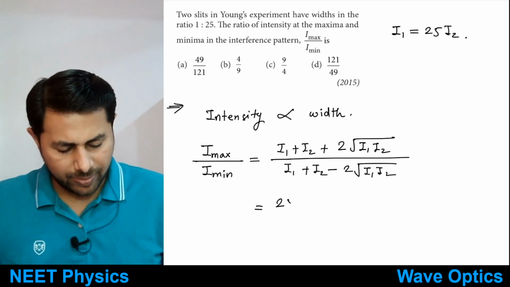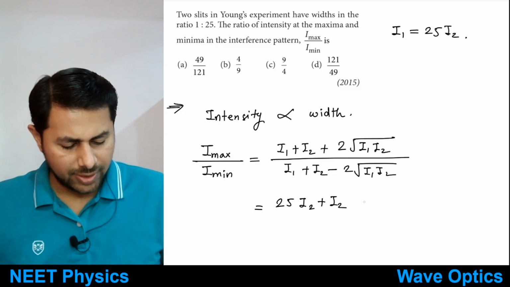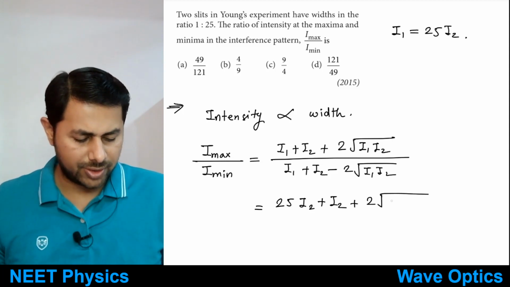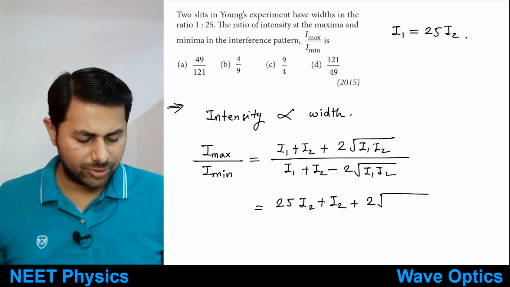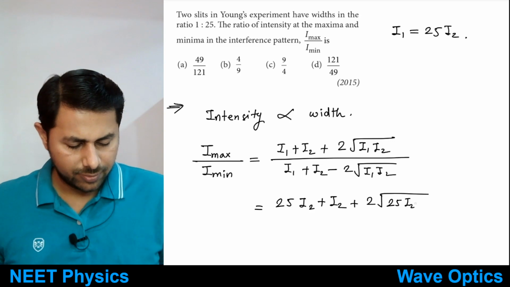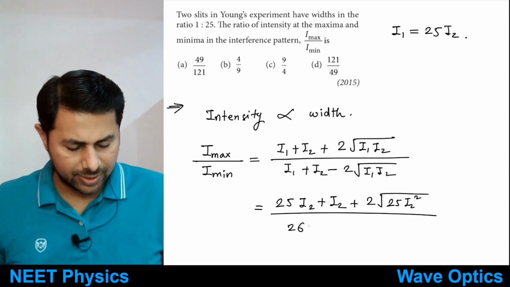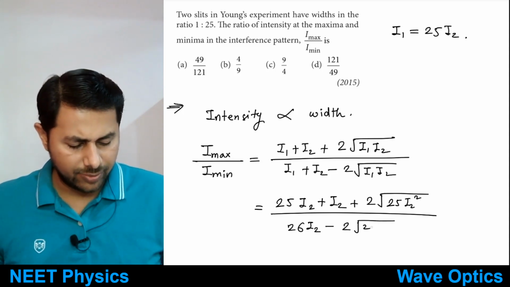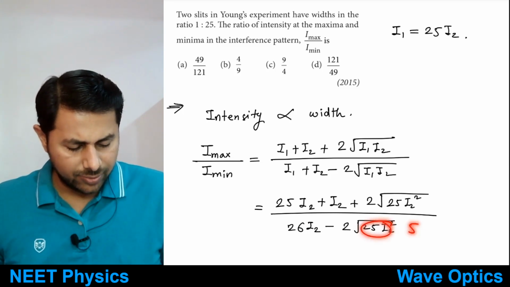So I1 is 25 times I2, so 25 I2 plus I2 plus 2 times root of 25 I2 times I2, means 25 I2 square, and in denominator you will have again 25 I2 plus I2, so that is 26 I2 minus 2 times root of 25 I2 square, so this is 5 I2.